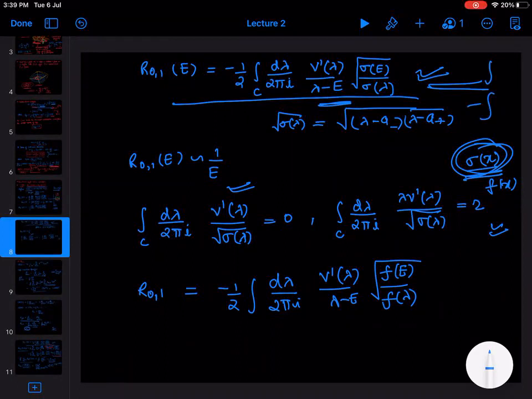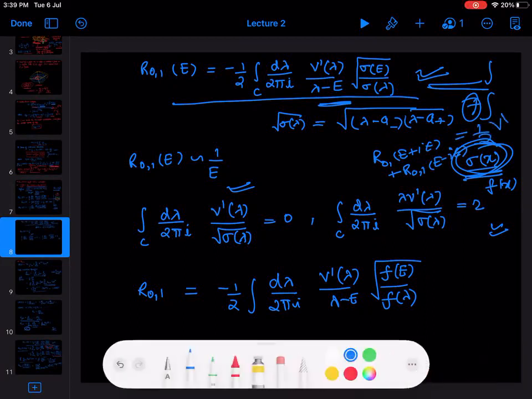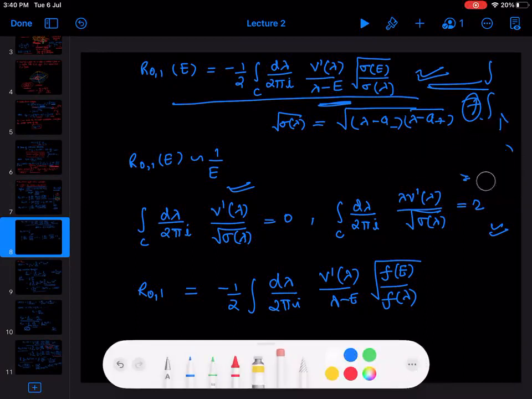Since sigma also changes sign, the overall minus sign does not contribute, it becomes a plus. What you are left with is R0,1 of E plus i epsilon plus R0,1 of E minus i epsilon, and you can replace it with its average value, which is half of P prime. So it's a square root because we are taking the discontinuity over it. Yes, okay, thanks.